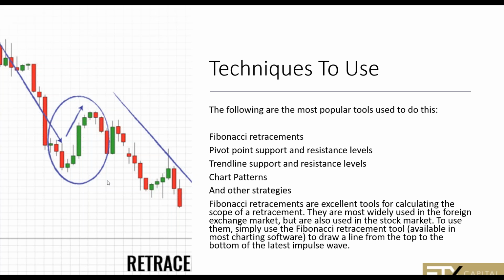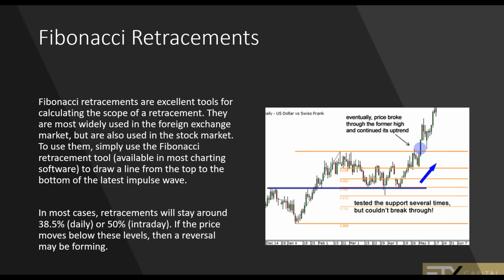But the Fibonacci retracement tool is an excellent tool for calculating the scope of the retracement. It is most widely used in Forex, but also used in the stock market, the commodities market, for CFD trading and crypto. To use it, simply use the Fibonacci retracement tool to draw a line from the top to the bottom of the latest impulse wave.